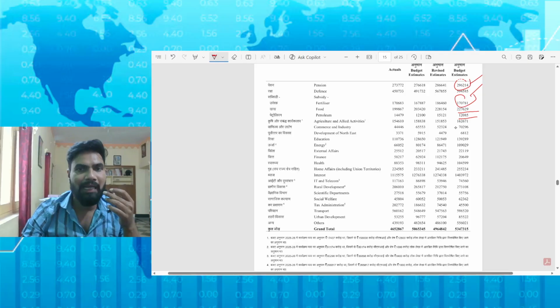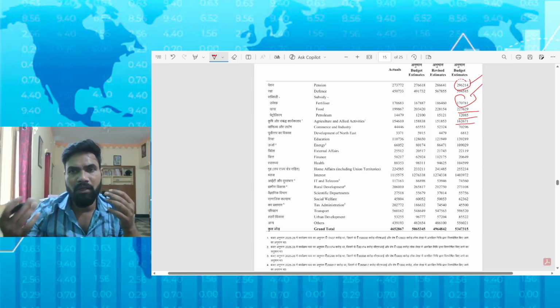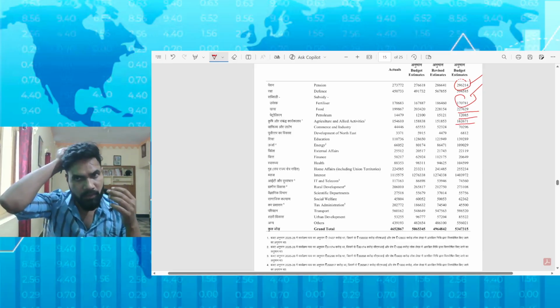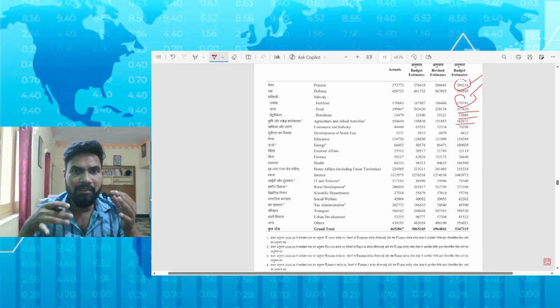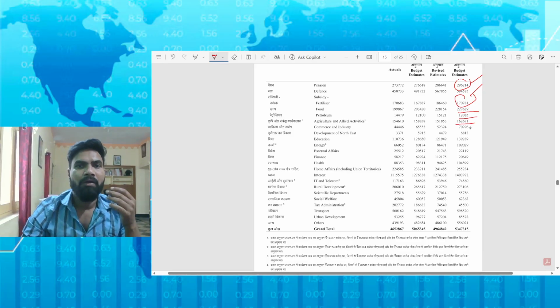Okay, total towards agriculture and allied activity is 1,62,000 crore rupees, for electricity, subsidy on equipment, subsidy on credit, etc. Very important thing, expenditure towards commerce and industry, 70,000 crore rupees.